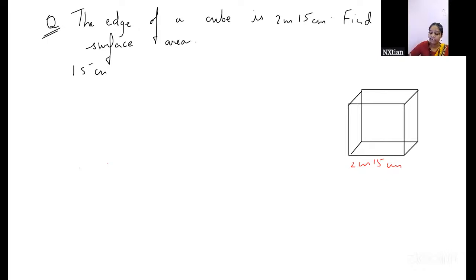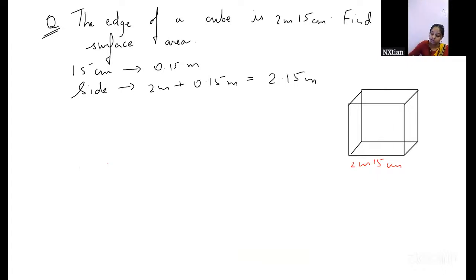Okay, see we have 15 centimeter. We'll convert it to meter, so it becomes 0.15 meter. Now the side becomes 2 meter plus 0.15 meter, that is 2.15 meter.